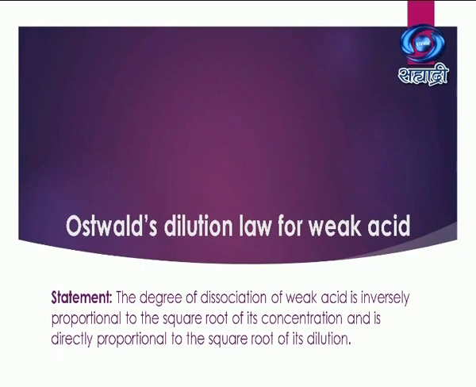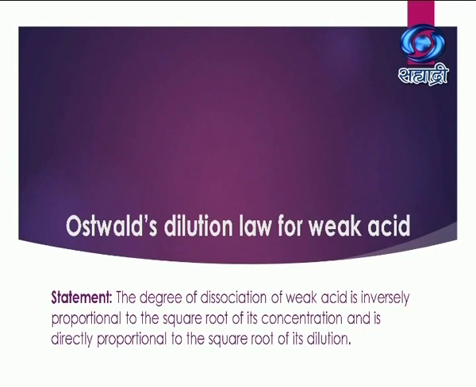This law is applicable for weak electrolytes only, that is, for weak acid and weak base only. Let us consider first weak acid. What is the statement? The degree of dissociation of weak acid is inversely proportional to the square root of its concentration and is directly proportional to the square root of its dilution. The degree of dissociation of weak acid is alpha.